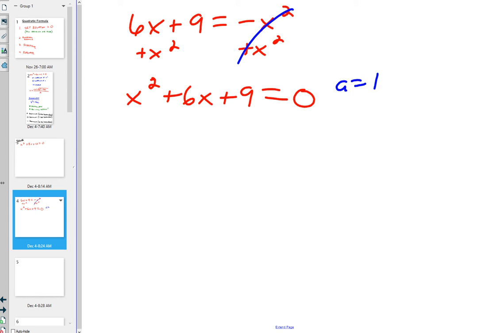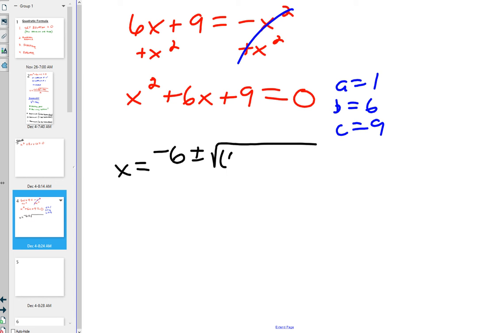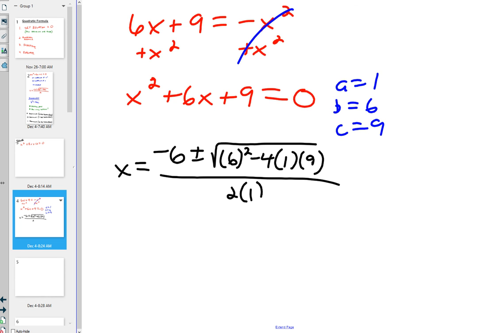So A is 1, B is 6, and C is 9. X is equal to, if B is 6, what is negative B? Negative 6, good, plus or minus the square root of 6 squared minus 4 times 1 times 9 over 2 times 1.